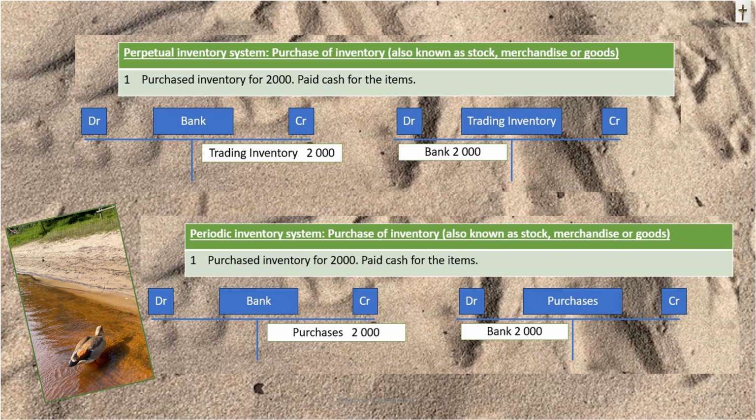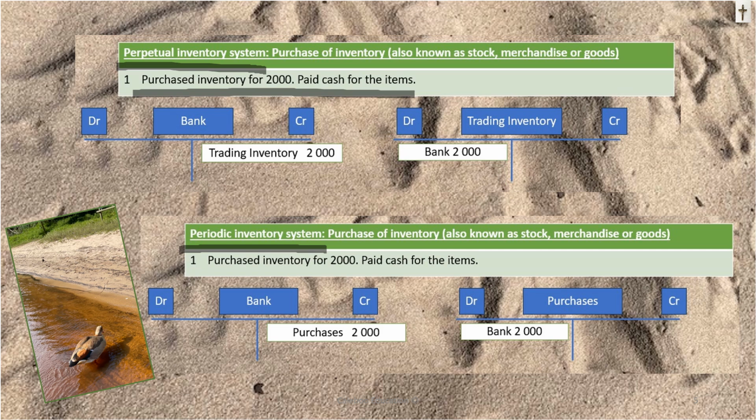What I've got here on this slide is a summary of this transaction. Purchase inventory for 2,000, paid cash for the items that were bought. So it's a summary of the previous two slides. At the top here we've got the perpetual inventory system as compared to the periodic inventory system.